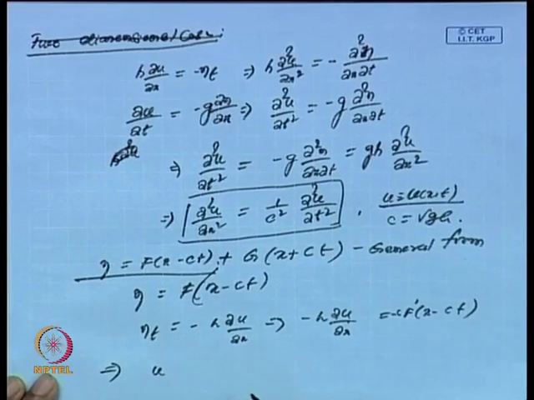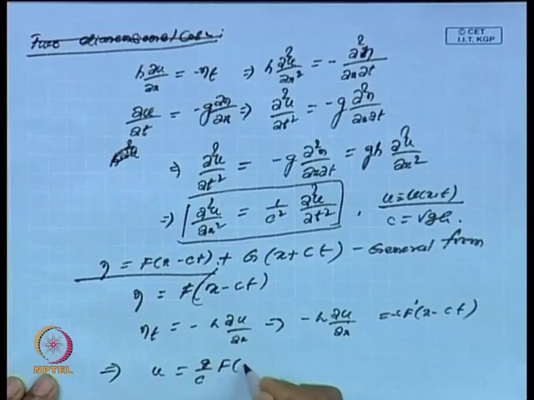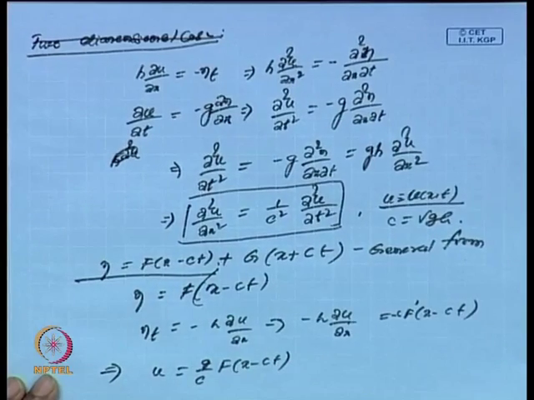It can be easily seen that u is g by c times f of x minus c t, because del u by del x will be c by h.